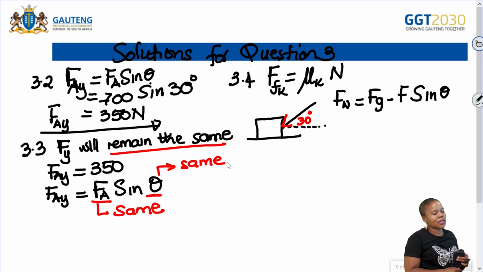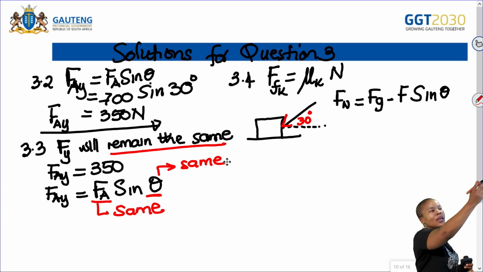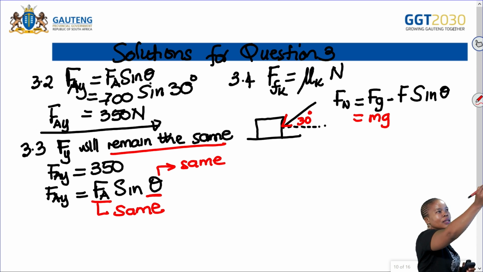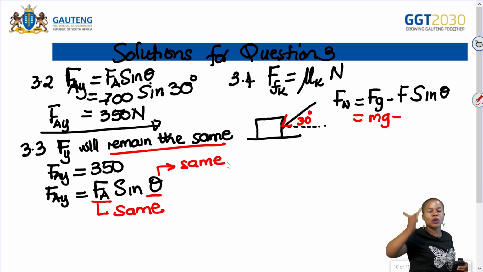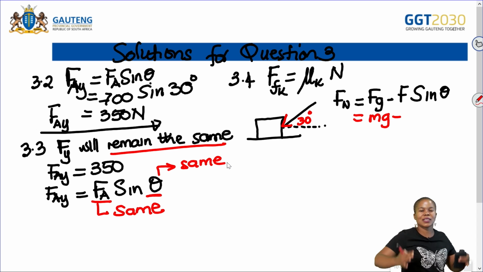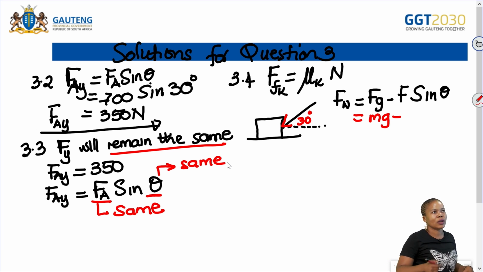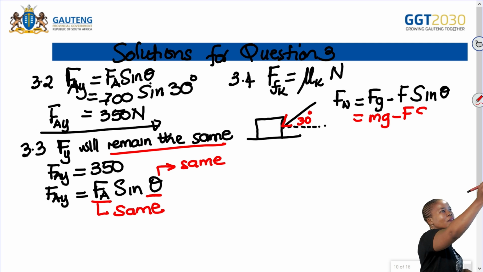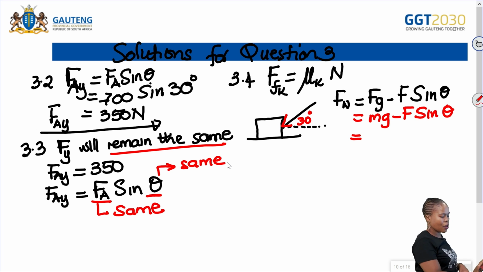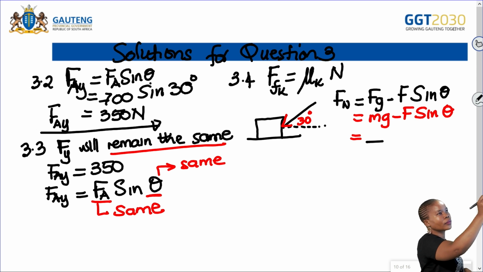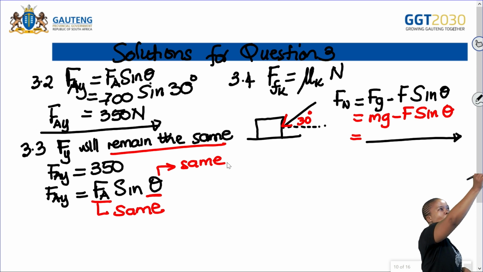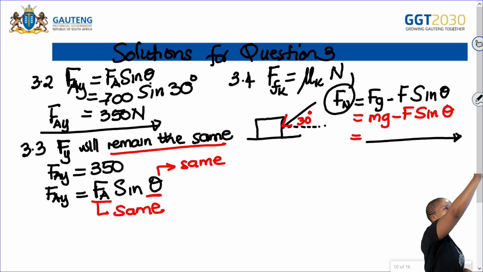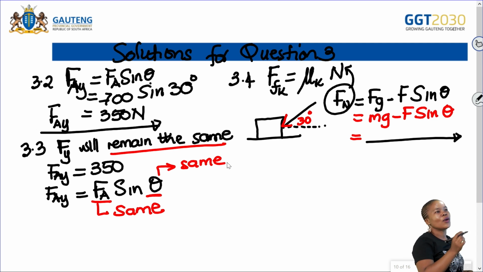For us to be able to calculate the normal force, it is the gravitational force, your mg, minus the vertical component, because both of these forces are acting in a vertical direction, so minus F sine of theta. The value you will have here for your normal force, which directly affects your frictional force, will be lower.